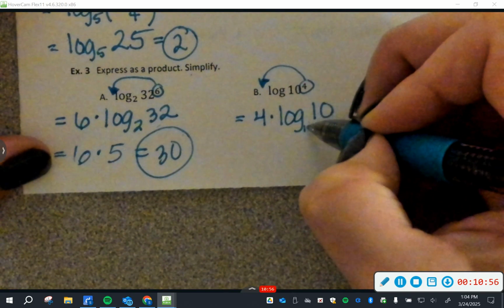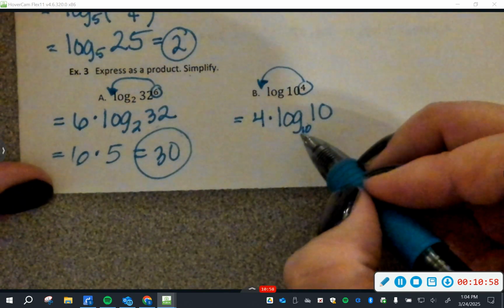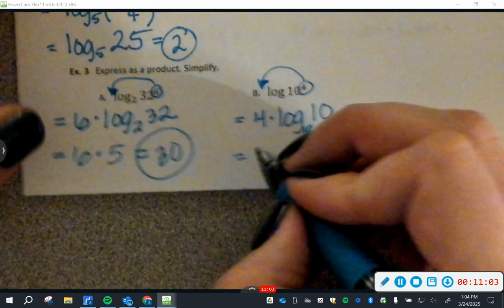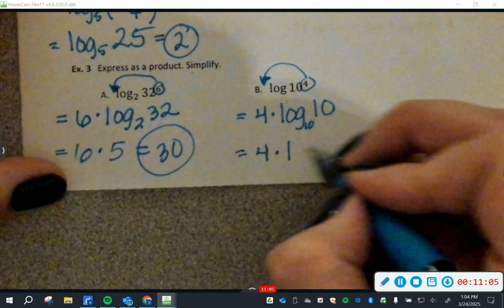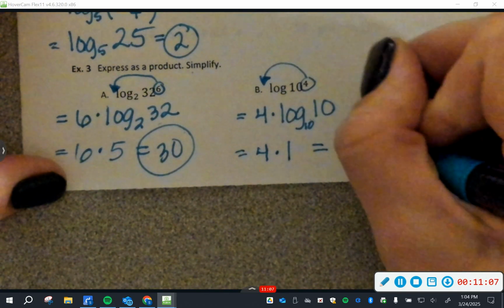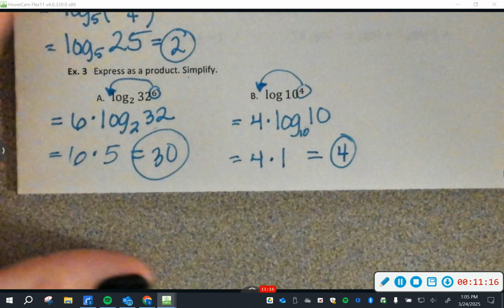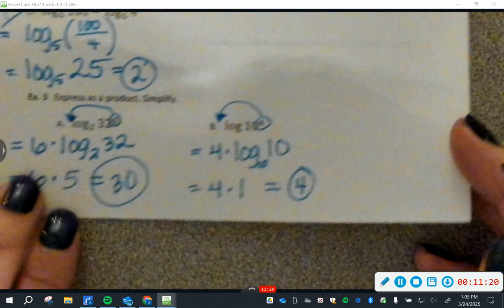So I could write that in if needed. 10 to what power makes 10? Just 1, right? So this would be 4 times 1, and 4 times 1 is 4. So using these properties helps us to easily simplify some expressions. Okay? Questions so far?